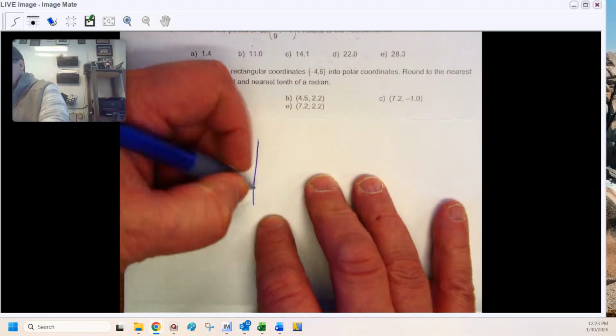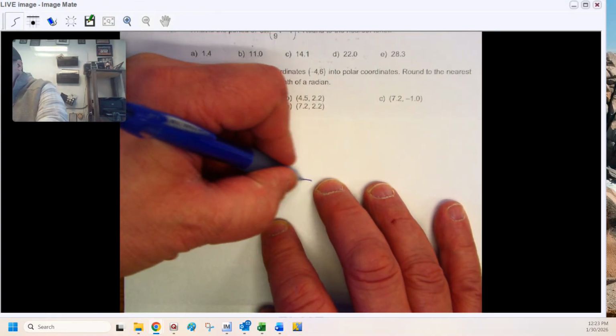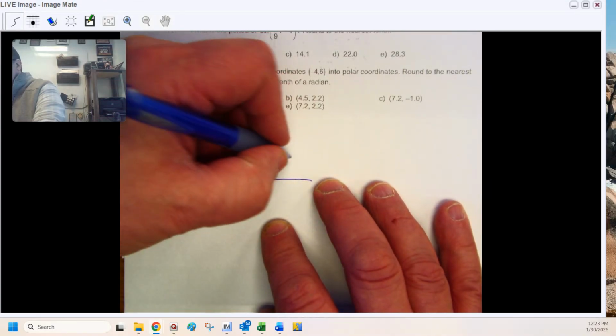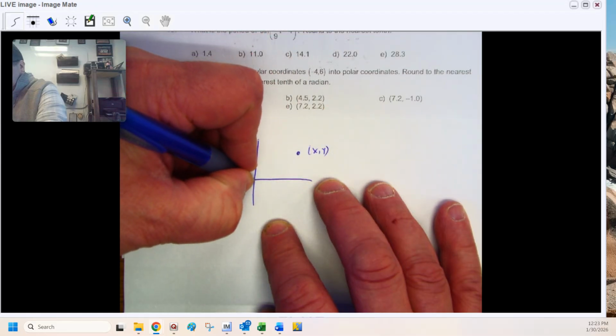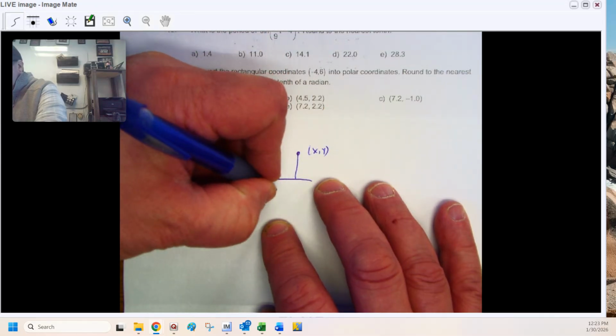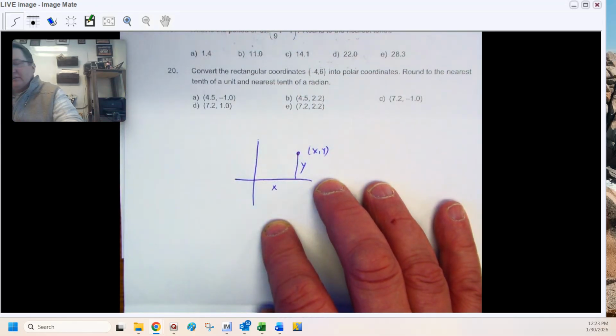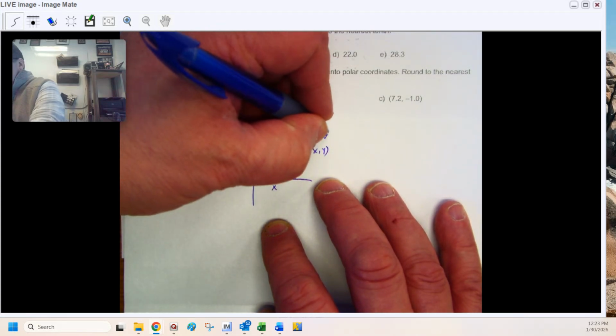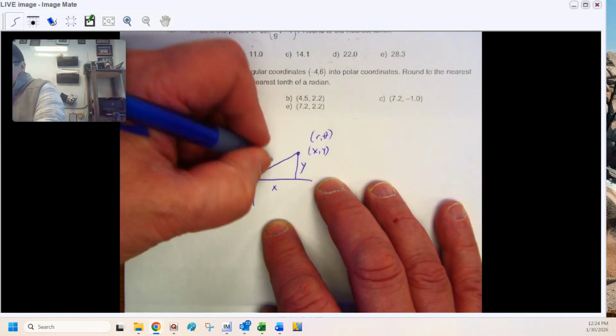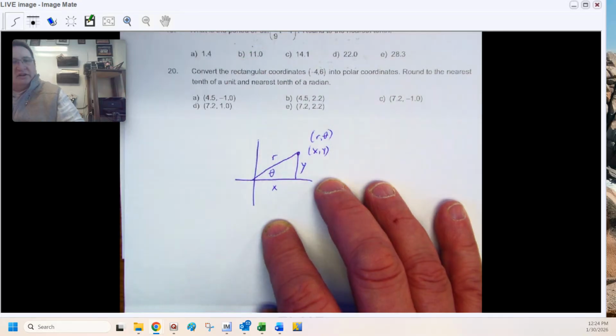Let me just give you a quick little rundown of polar and rectangular coordinates. If I choose this point to be x and y, we all know that that's because this distance here is x and that distance is y. It's also true that you can call that same point r and theta, where this distance is r and that distance is theta.